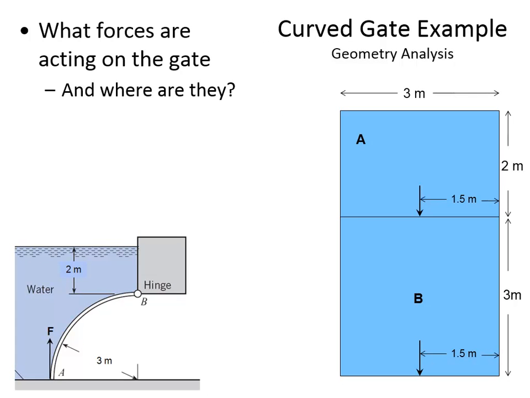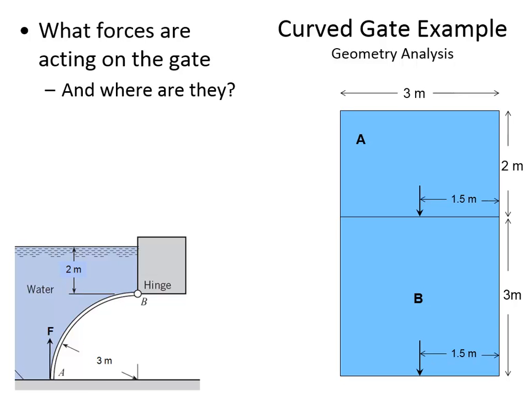okay, same diagram. Now, let's just analyze and break down the geometry to find out the vertical forces to begin with. If you break the geometry of this, you know, it's 3 meters from edge to edge, and then 2 meters from the water surface to the hinge at B. If we represented that by these two components, component A and component B, and we're going to subtract out of B the part that doesn't have water.